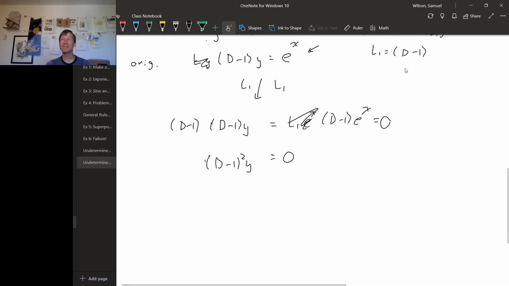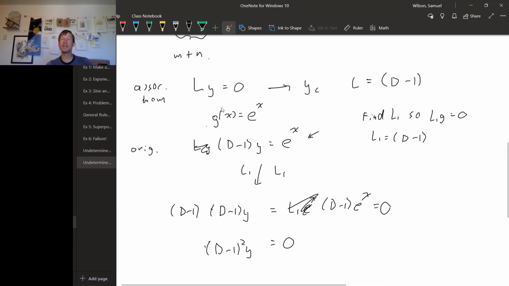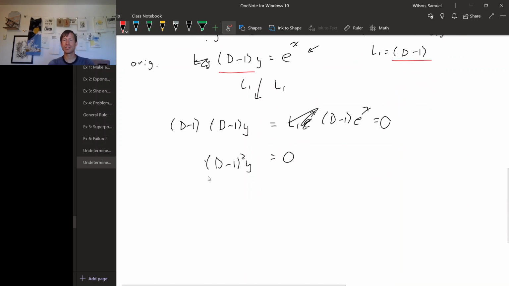So because the linear differential operator from the equation overlaps with the linear differential operator that kills g, it turns our higher order differential equation into this repeated case. If we wrote out the characteristic equation for this differential equation, it would be a repeated root case like this, and that repeated root would cause you to get a solution that's multiplied by x.